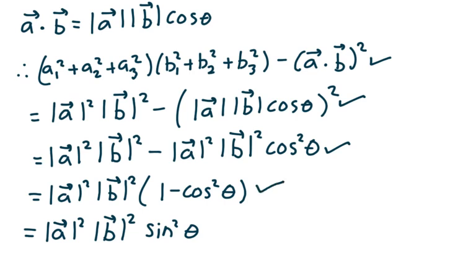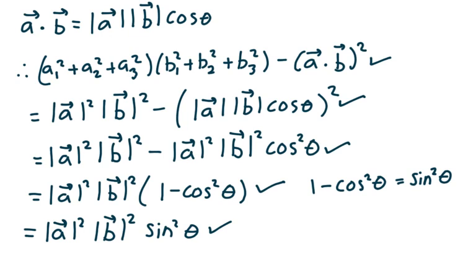And inside the parentheses, I get 1 minus cosine squared theta. But we should know that 1 minus cosine squared theta is equivalent to sine squared theta. It's an identity. And so on the last line, I get the magnitude of A squared times the magnitude of B squared times sine squared theta.